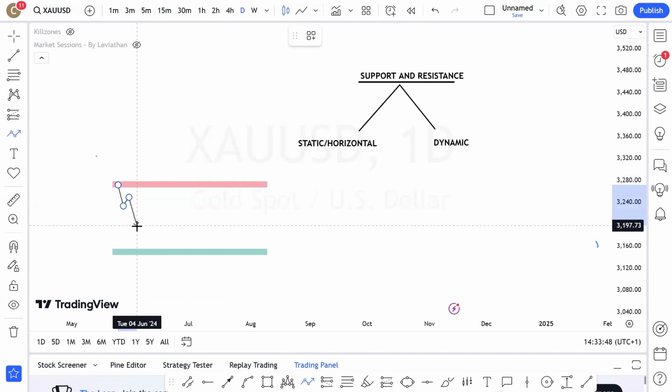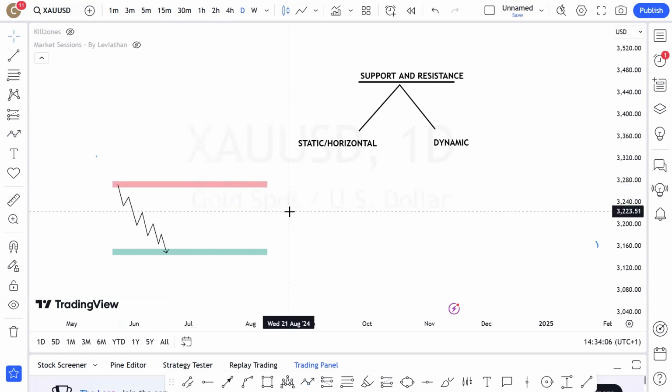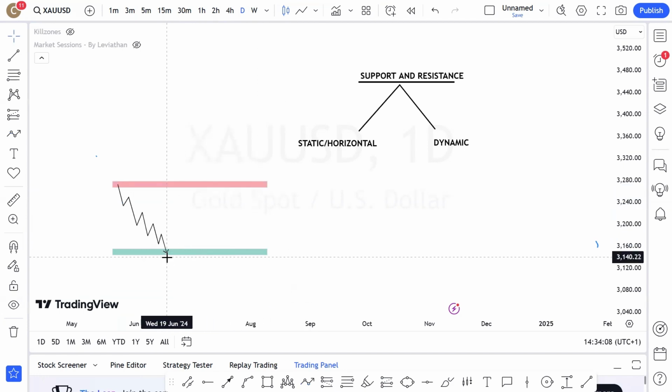You already know that the market moves from zone to zone, from resistance to support, support to resistance. Now, when the market gets here, what we expect is that it should reverse from here and come back here. So that's what I'm trying to say, that you model reversals using static or horizontal support and resistance, okay?